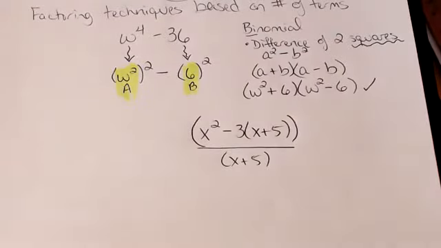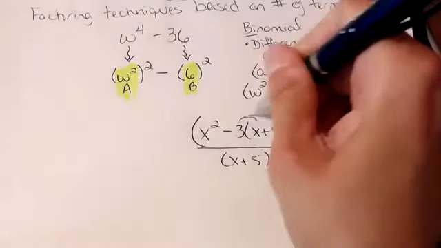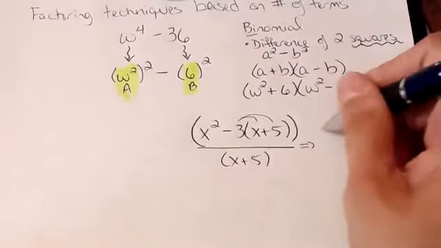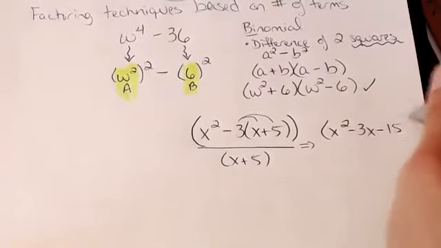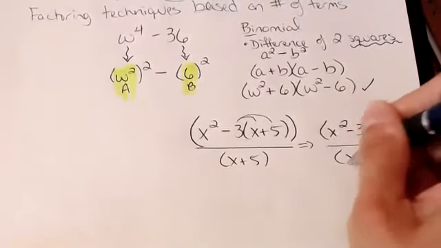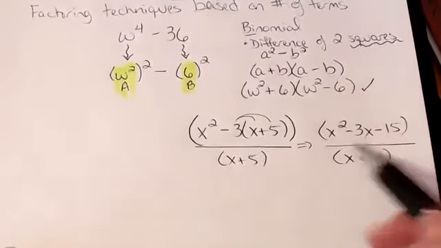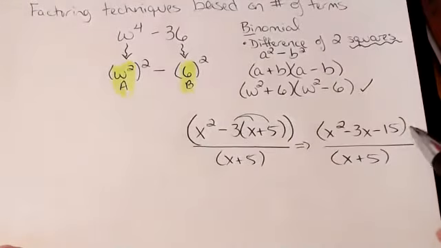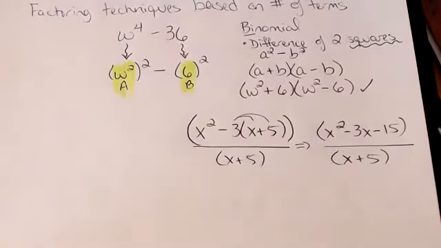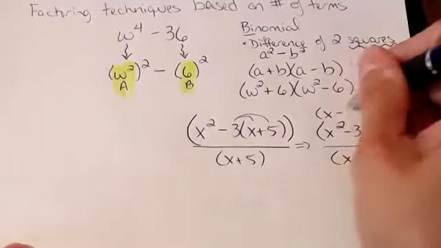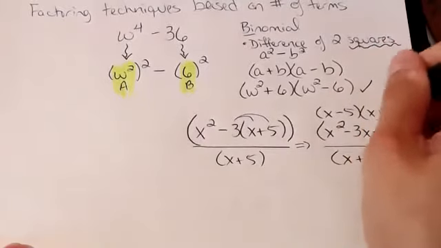If somebody wanted to fix this, they would say, okay, let's distribute what's inside. That gives me x squared minus 3x minus 15, over x plus 5. Then you may say, can we factor this? Can we find factors of negative 15 that give me negative 3? Well, we have negative 5 and 2. So this becomes x minus 5 and x plus 2.